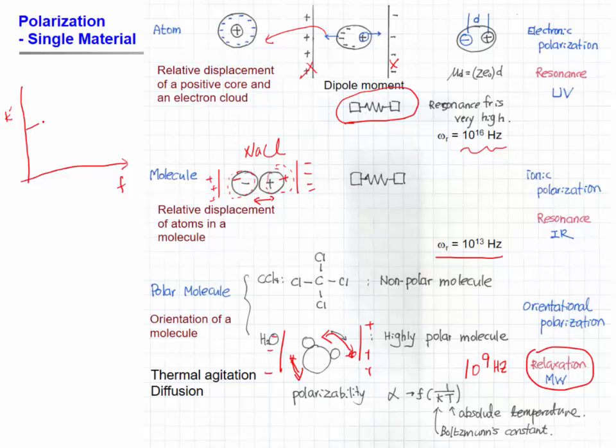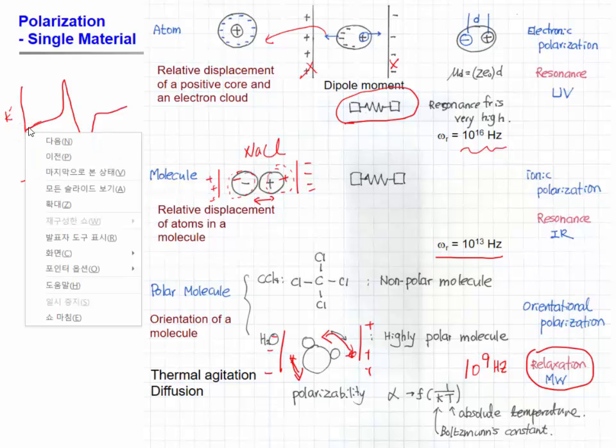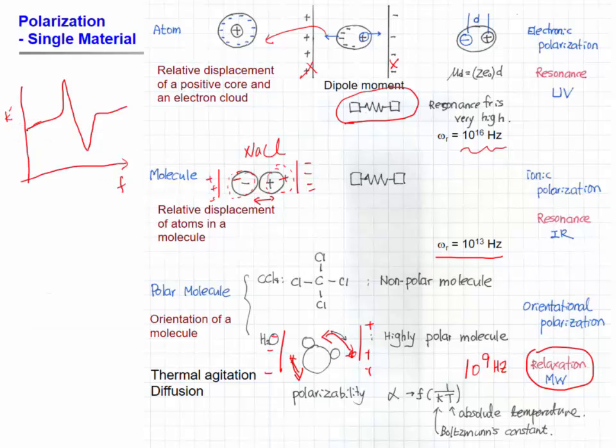Resonant type of behavior is you have a very high peak at the resonant frequency region, and relaxation type of behavior shows this kind of smooth degradation of the permittivity.